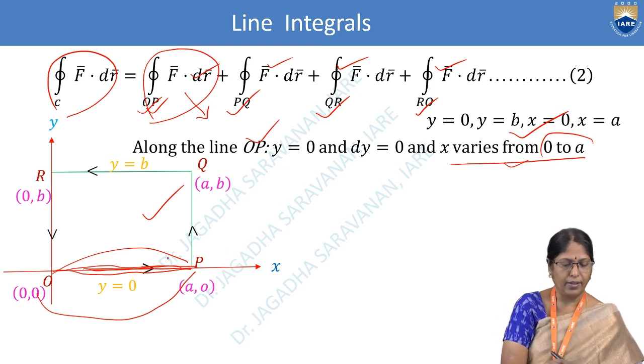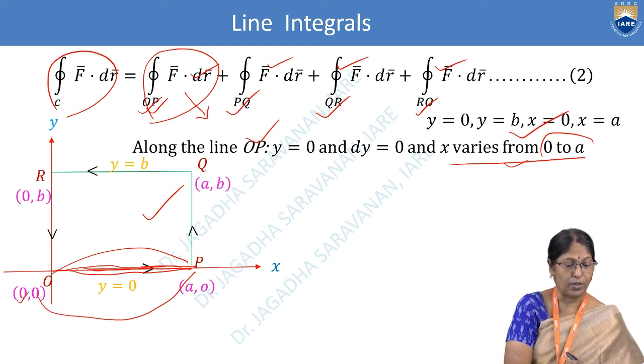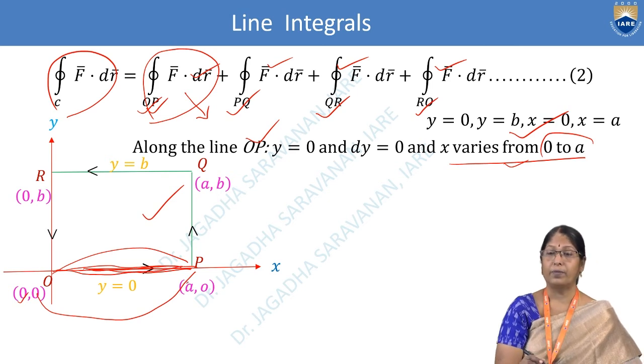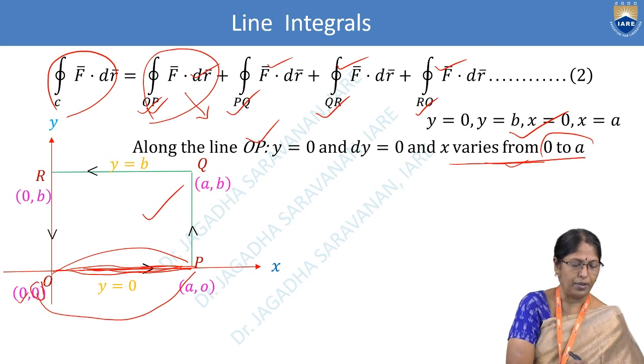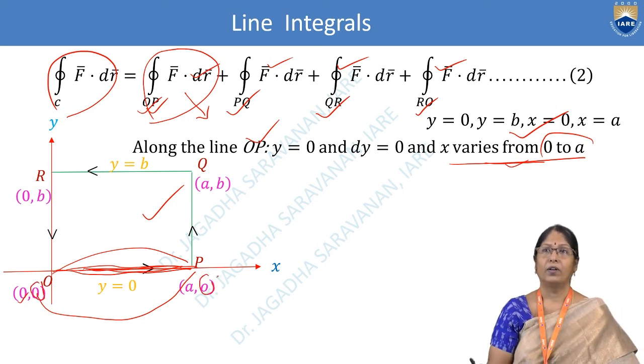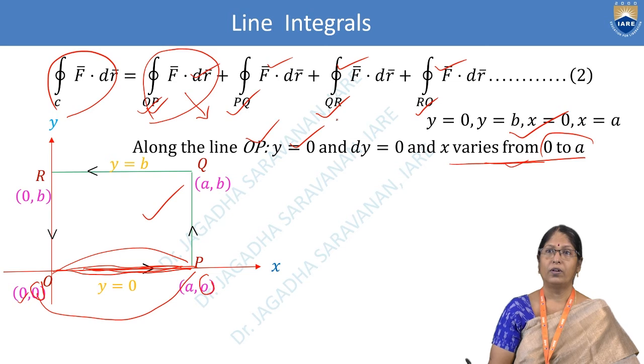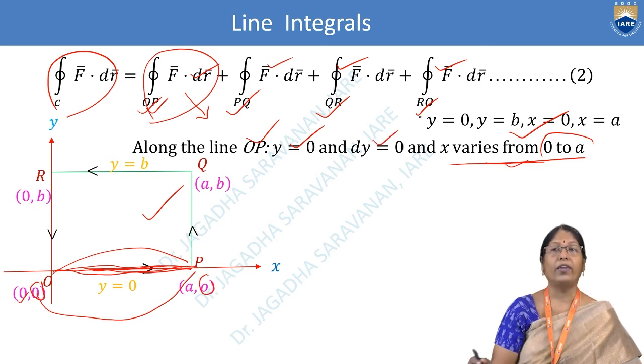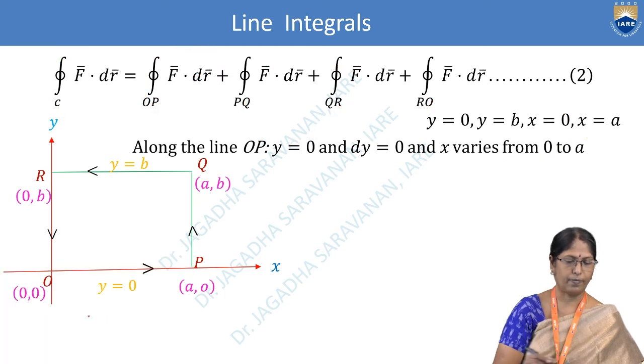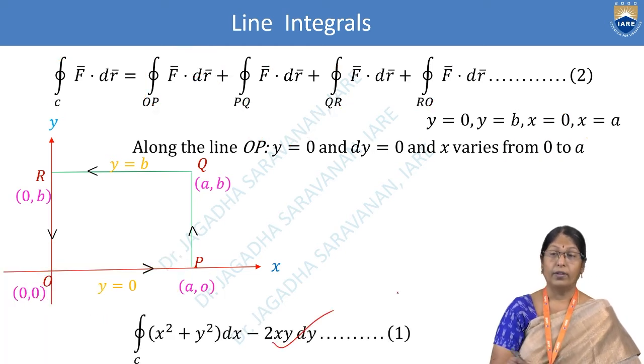Fine. Here we are in OP, the first integral we are evaluating. In this, what is x? Here we can see x varies from 0 to a. This we completed. Now the y part. y is 0, then dy equals 0.